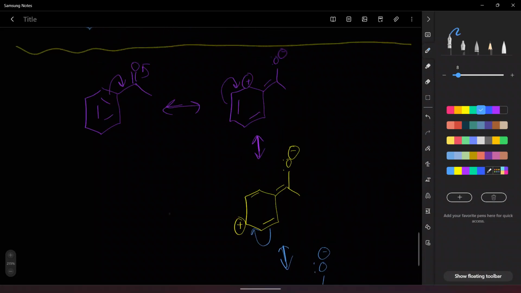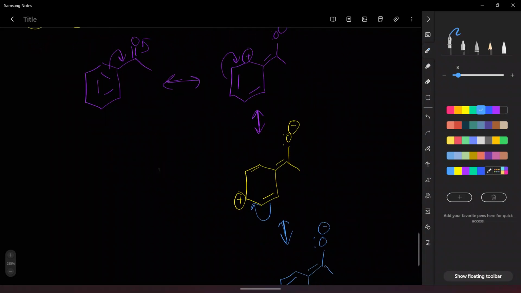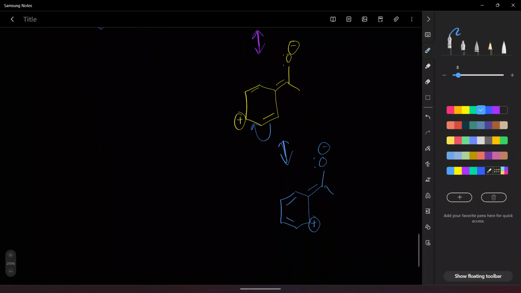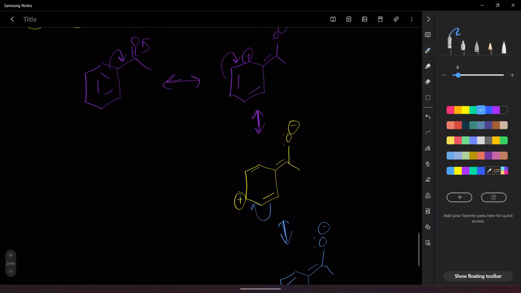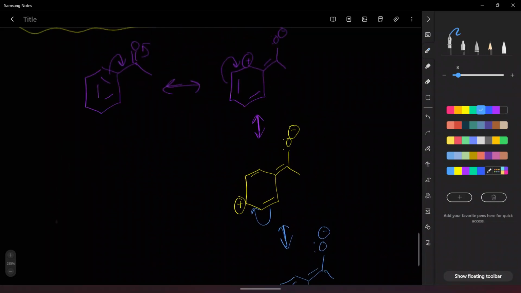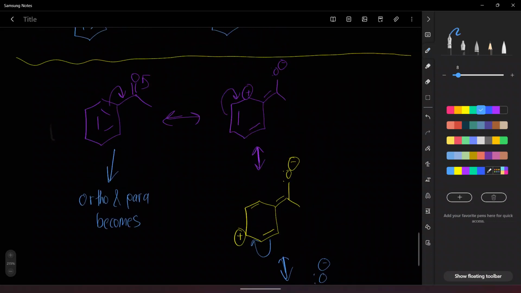Okay, so when you're analyzing the resonance, hopefully what you can see is that when you have an electron withdrawing group, the ortho and the para positions become positively charged, meaning that the ortho and para positions become less reactive, because benzene is going to be the nucleophile in EAS reactions, and if you're a nucleophile and I'm making you more positive, you're going to be less reactive, because nucleophiles want to be negatively charged if they're going to be a strong nucleophile.